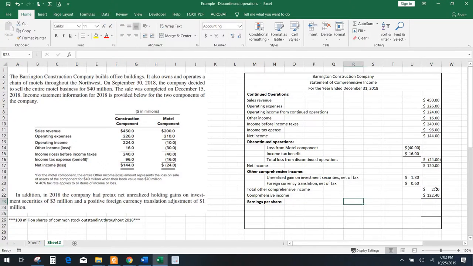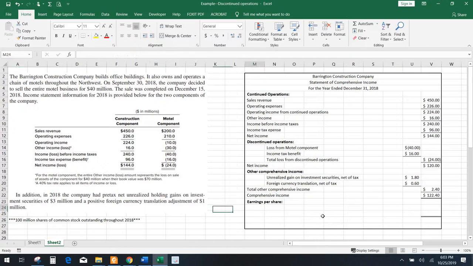Okay. And now we have to calculate the earnings per share. To calculate the earnings per share, you simply take the net income and divide it by the number of shares. Then you take the loss from discontinued operations, divide it by the number of shares, and then you add those two numbers together.